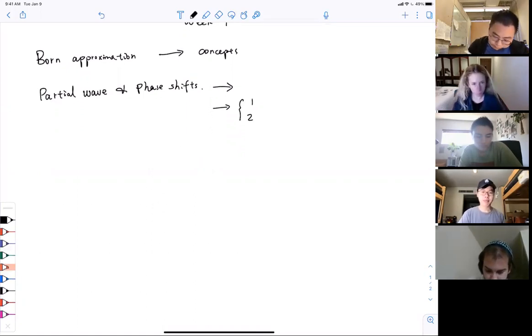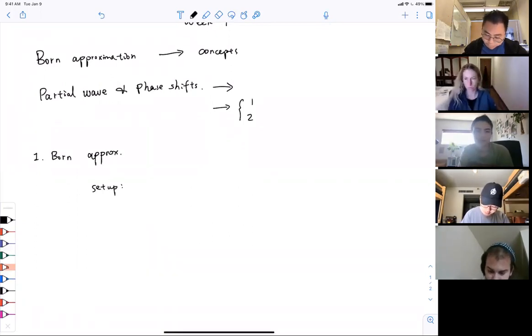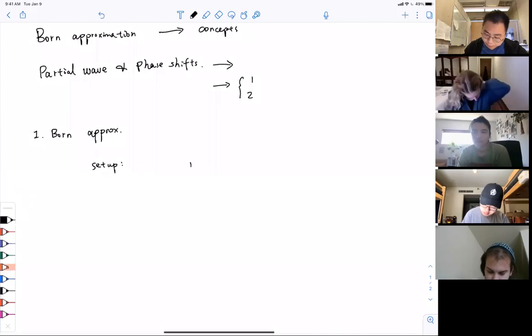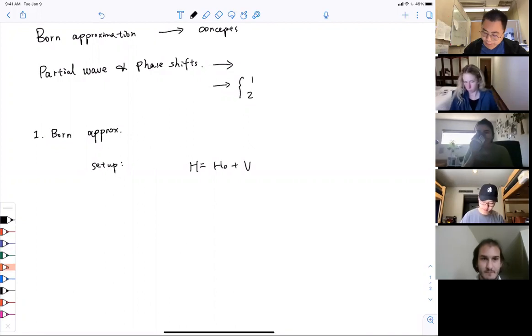Okay, so let's talk about the Born approximation. First, let's look at the setup of this problem. Basically, the Hamiltonian is the free part plus the scattering potential.